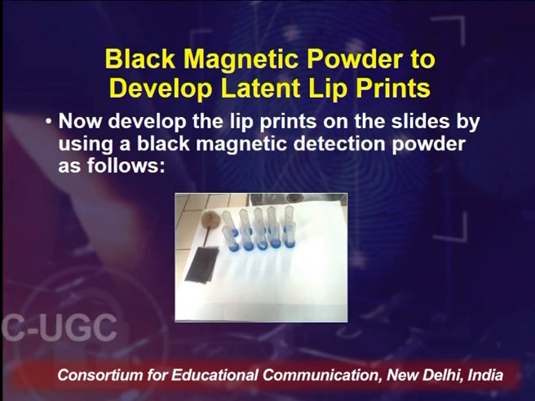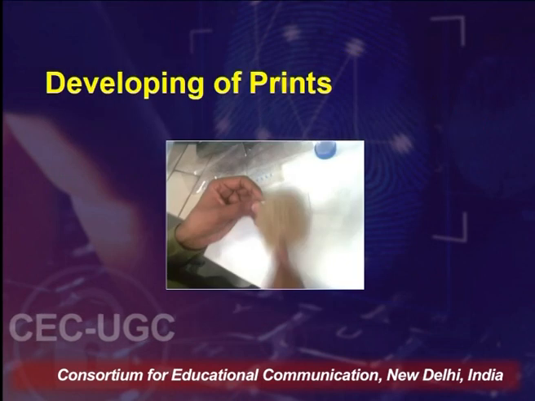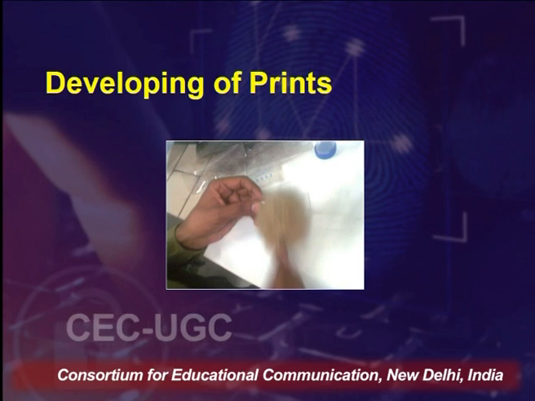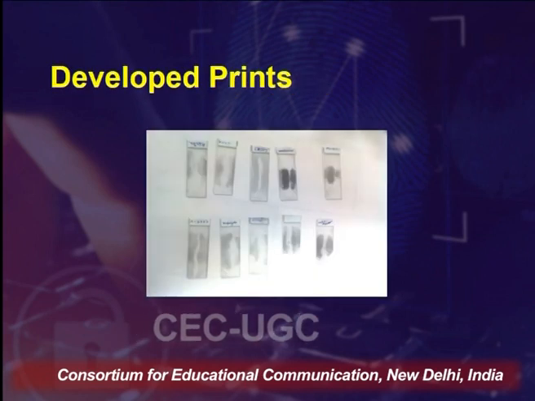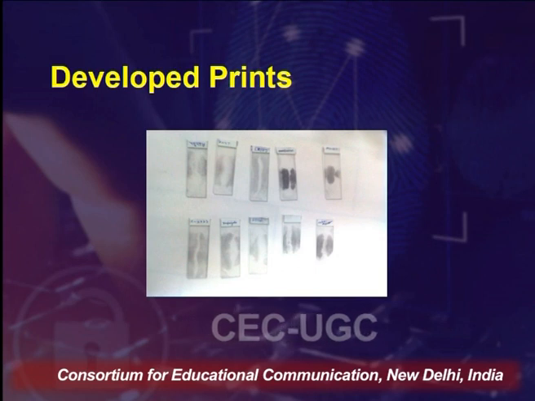This black magnetic powder is similar to that used in the case of fingerprints. For the development of prints, a camel brush is used with the magnetic powder. The prints are being developed, and we can see that with the use of black magnetic powder, the prints are being developed on the plastic sheet.